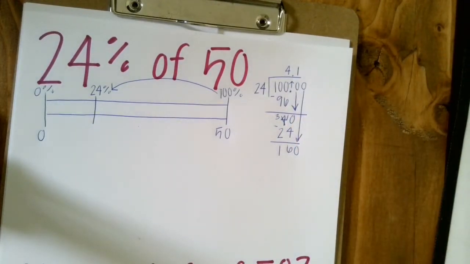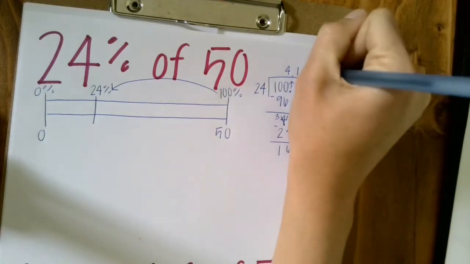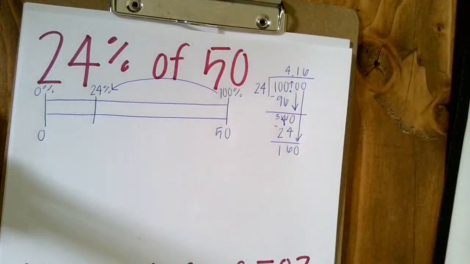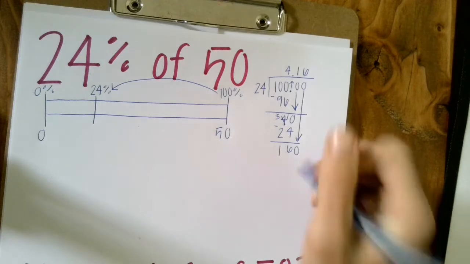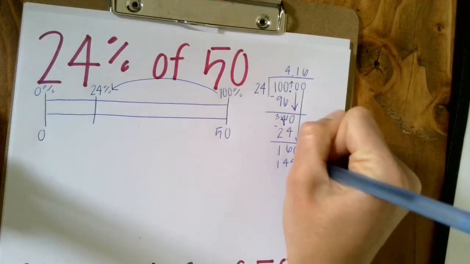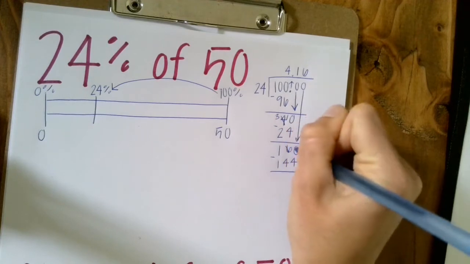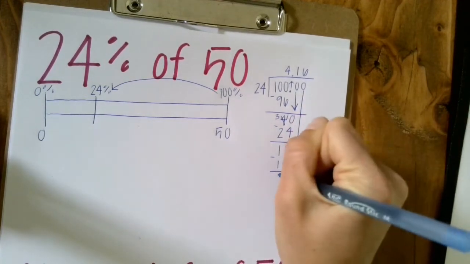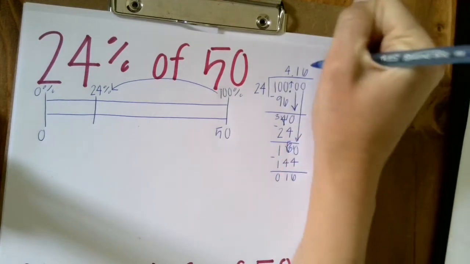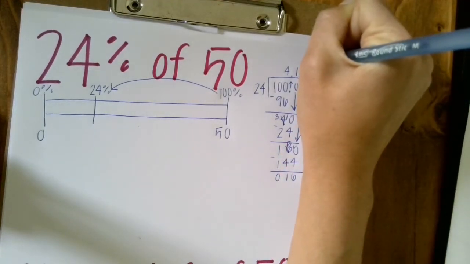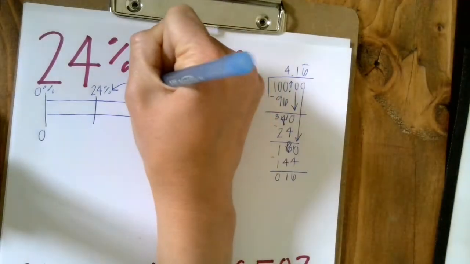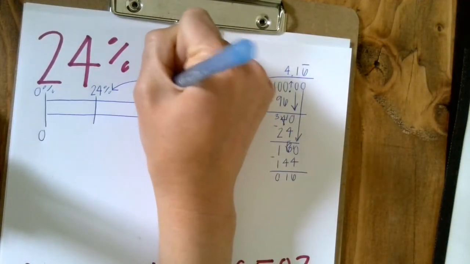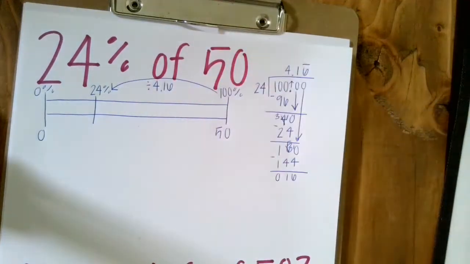And 24 goes into 160 6 times. 24 times 6 is 144. I'm going to go ahead and subtract, 16, and then it looks like it's about to repeat itself. So my scale factor, or what I'm going to be dividing by, is 4 and 16 hundredths.